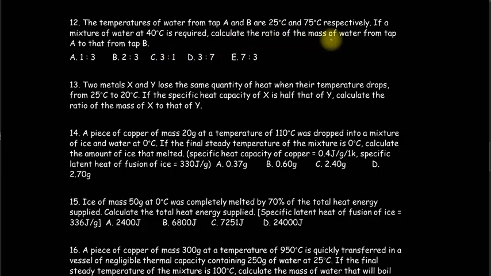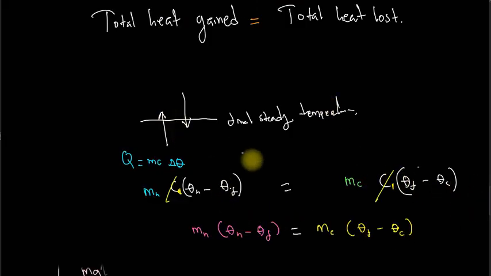We're asked to calculate the ratio of the mass of water from tap A to that of tap B. So hot water is rushing from tap B, cold water is rushing from tap A, if the final steady temperature after they have mixed is 40 degrees Celsius.